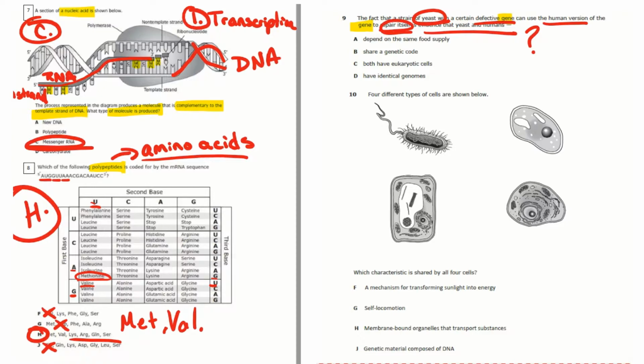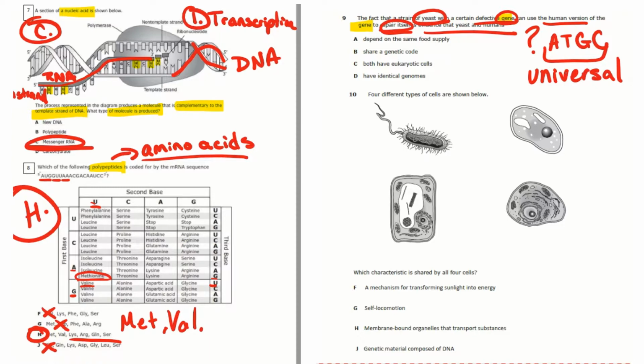Okay, so remember, we said that genes are made up of a section of DNA, and DNA consists of A, T, G, and C. These four nitrogenous bases are very special because they are universal, meaning you will find them in all DNA of all organisms.